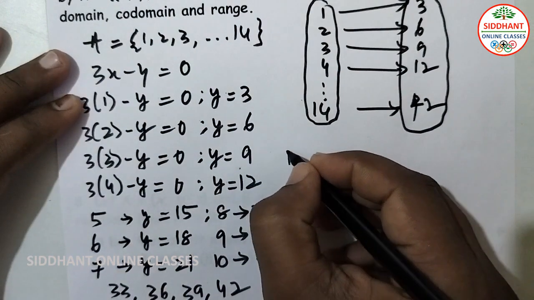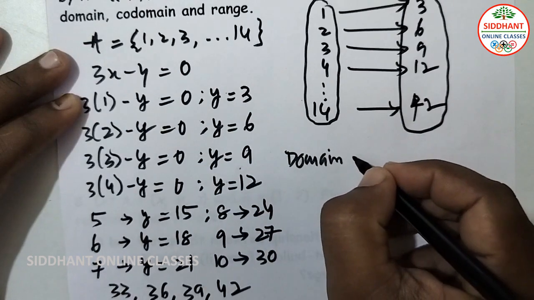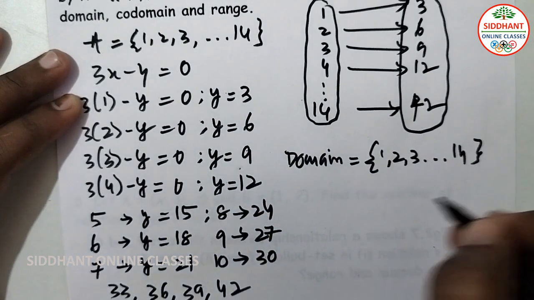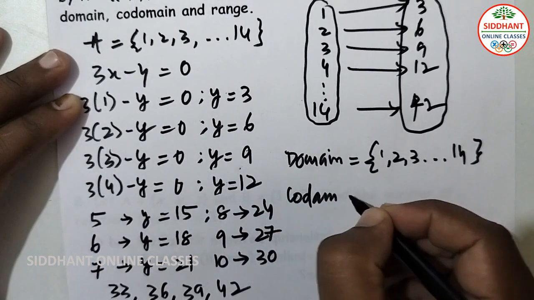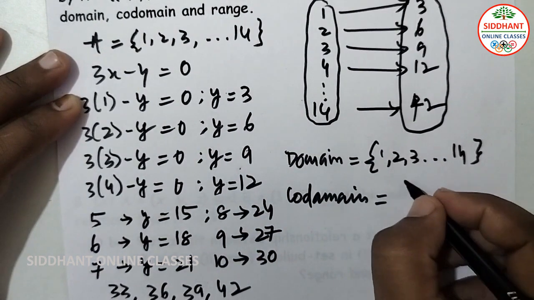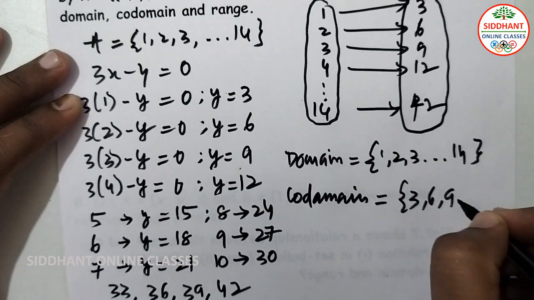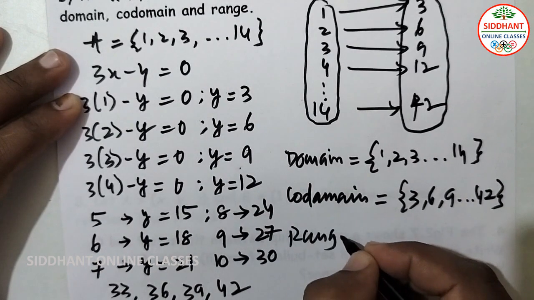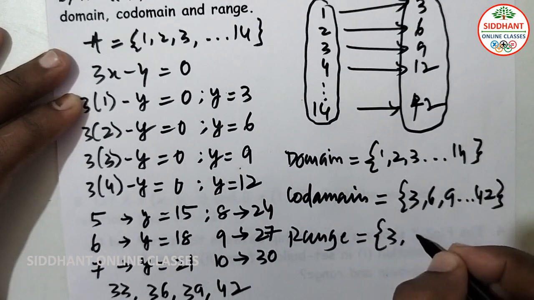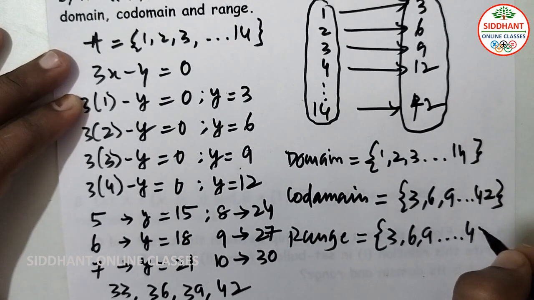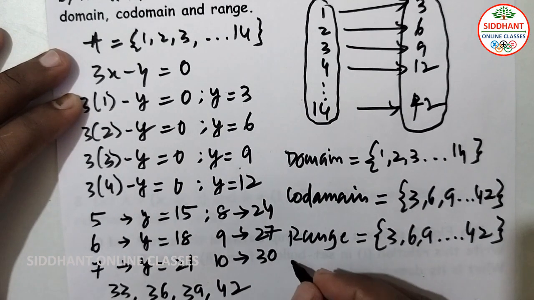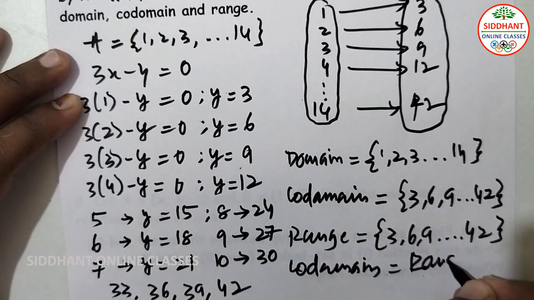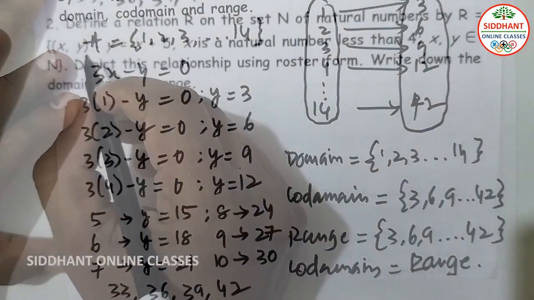In this we can see the domain: domain is equal to {1, 2, 3, up to 14}, and codomain will be the y values, so that will be 3, 6, 9 up to 42, and the range will be from 3 to 42. So here codomain is equal to range.